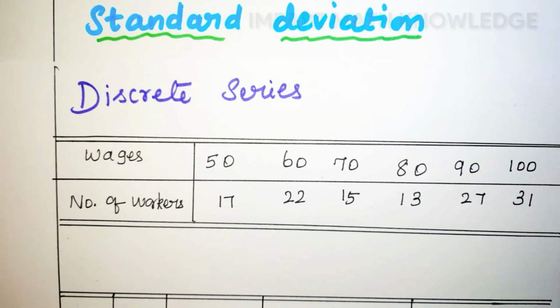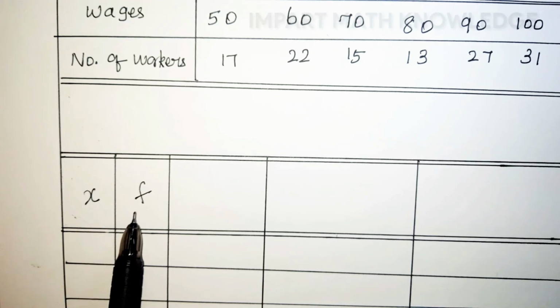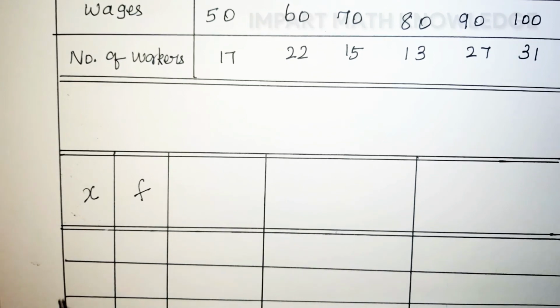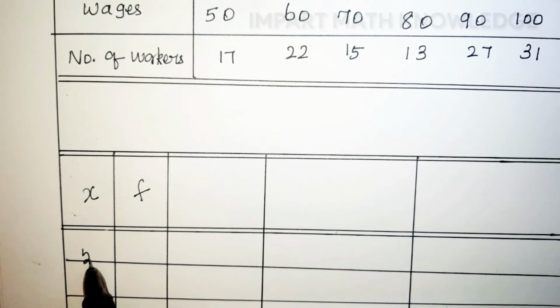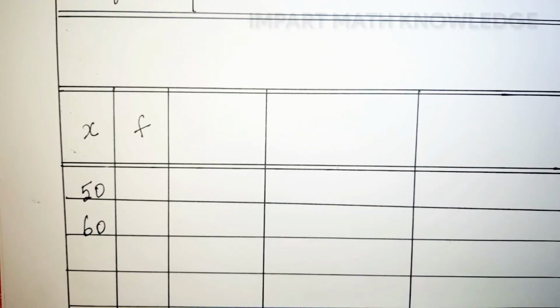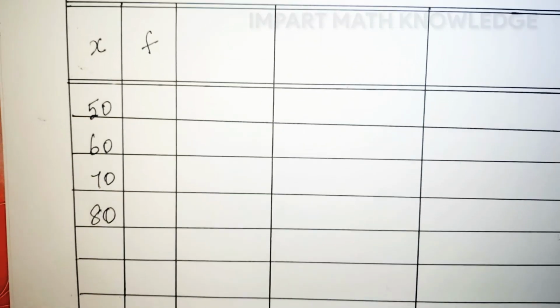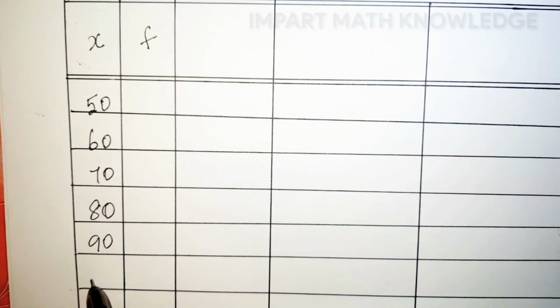Discrete series. Here wages and number of workers are given. We have to calculate standard deviation and coefficient of variation. X denotes wages, F denotes number of workers. X values are 50, 60, 70, 80, 90, 100.